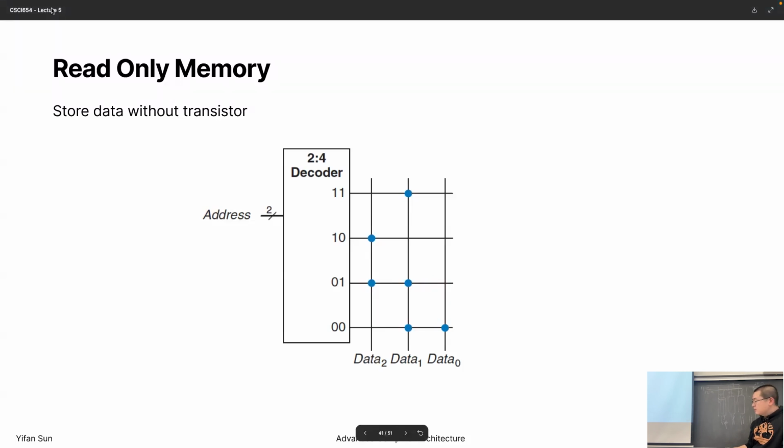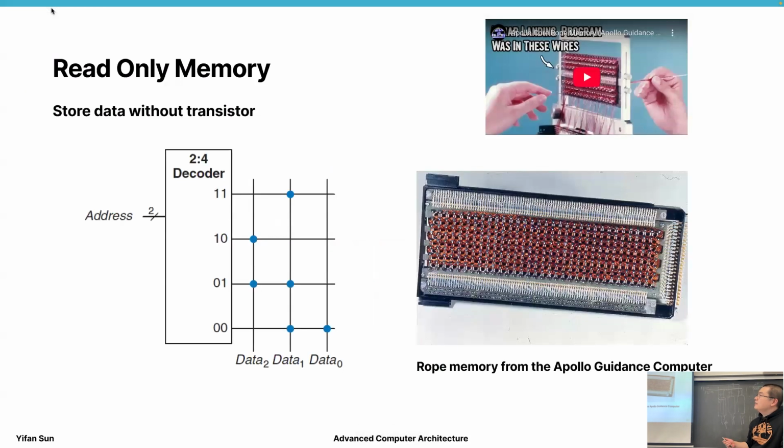Okay? As a very early stage read-only memory, the spaceship that went to the moon actually used this hand-woven ROM. If you are curious about how it is done, watch that video. That video is like 45 minutes long, it's very long to introduce how this is done.